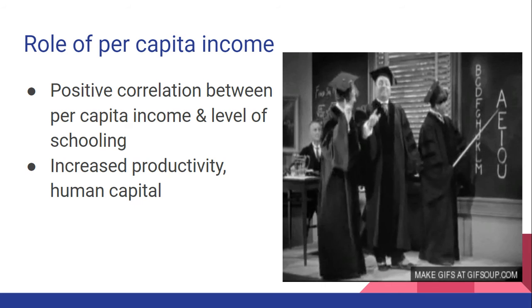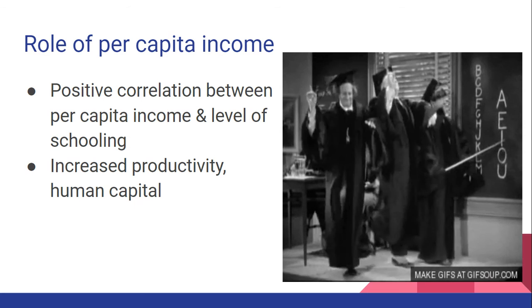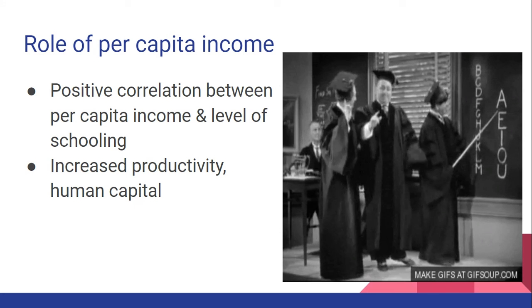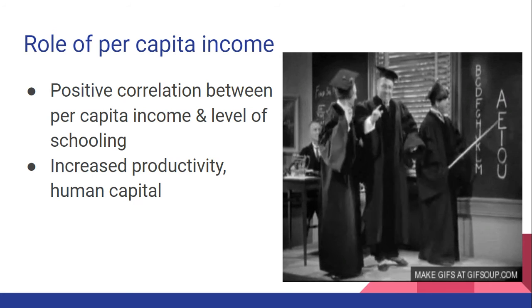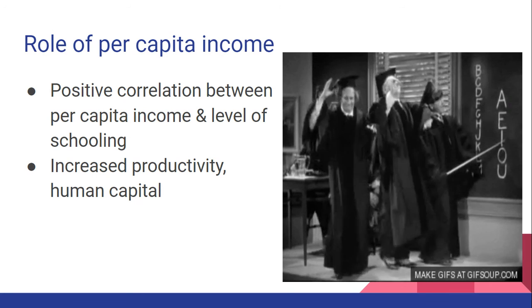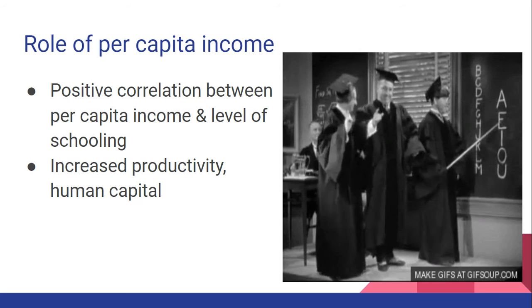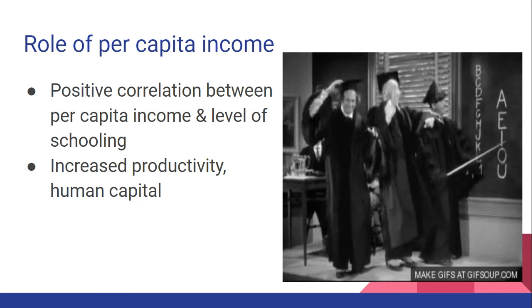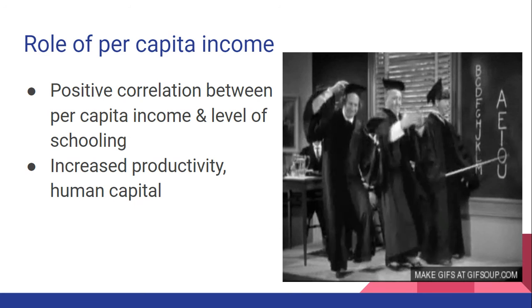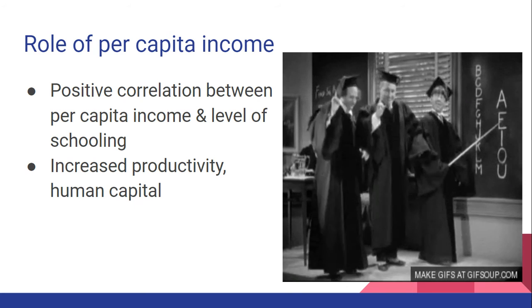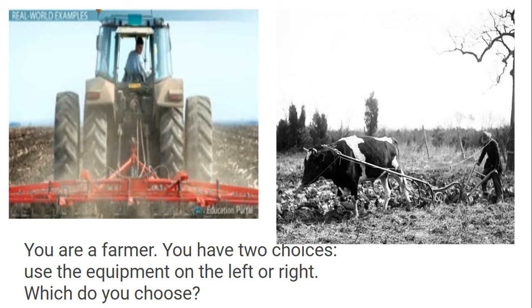So there's a definite connection between America's growing GDP and America's growing emphasis on education. And it's not just the United States. If you look at any developed country in the world, one of the main reasons that country is developed is the emphasis on increasing human capital, the skills we have through education and training, talent development.